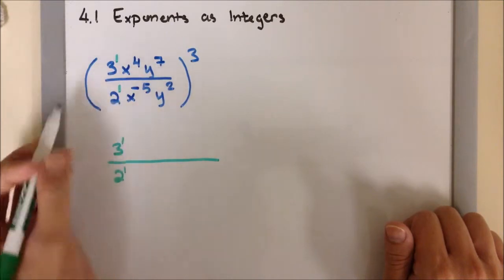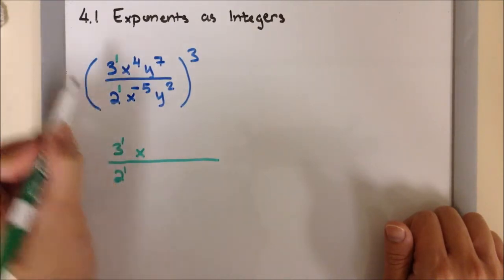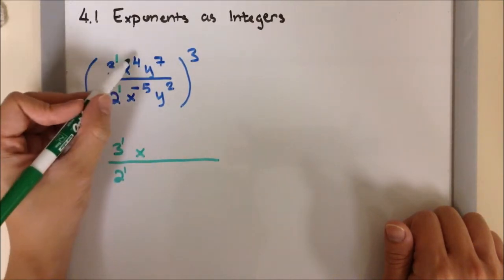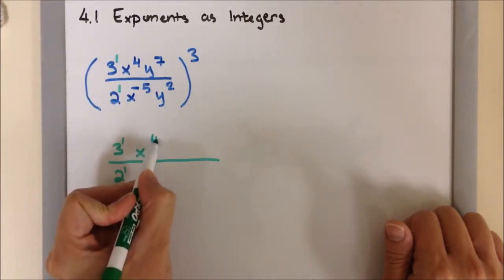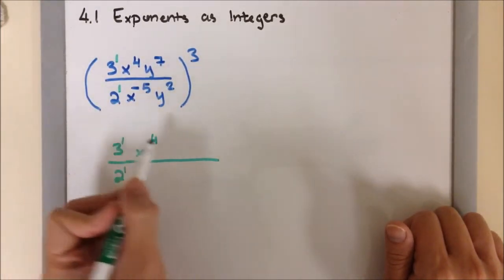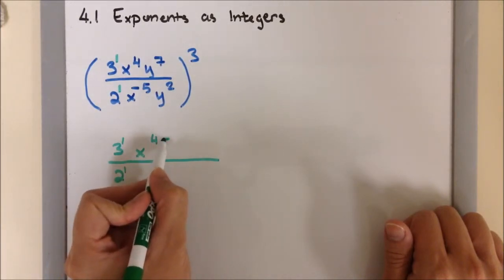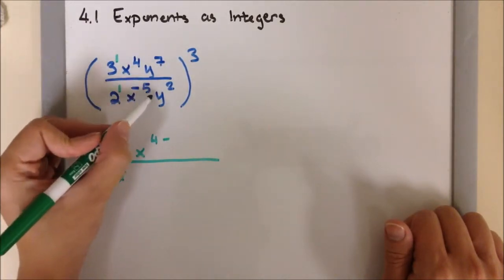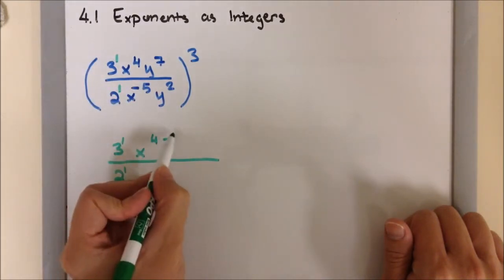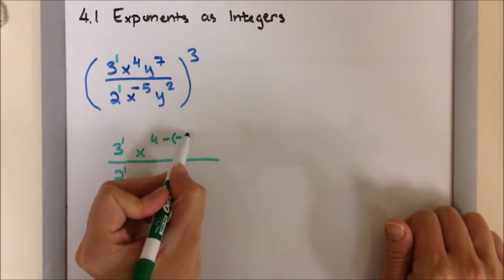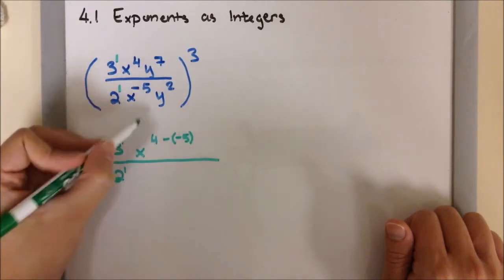Now my x, since it's a fraction, top minus bottom. So it's going to be 4. Now I have to be very careful. According to the law of exponents, it's going to be minus. But you see how the denominator is already negative 5. So I'm going to write parentheses, negative 5, close parentheses.